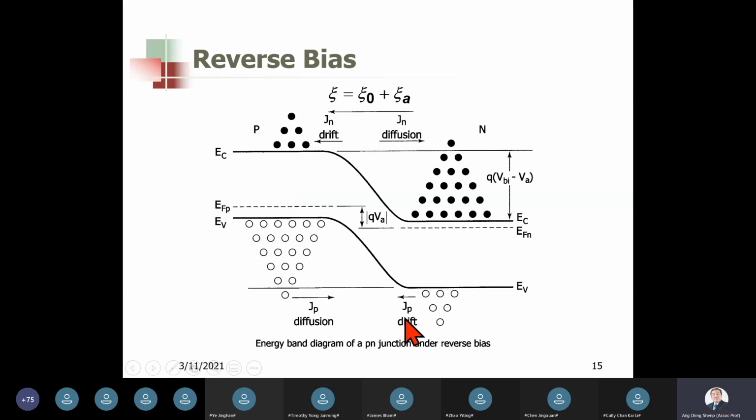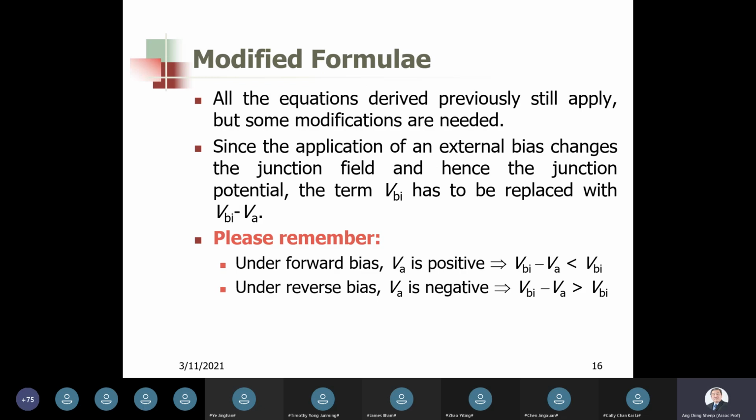Similarly, the concentration of holes in the N side decreases below the thermal equilibrium value due to holes being extracted to the P side under reverse bias condition. So there is again a change in the carrier concentration in the two regions, and therefore the PN junction goes into non-equilibrium. You need to keep that in mind.